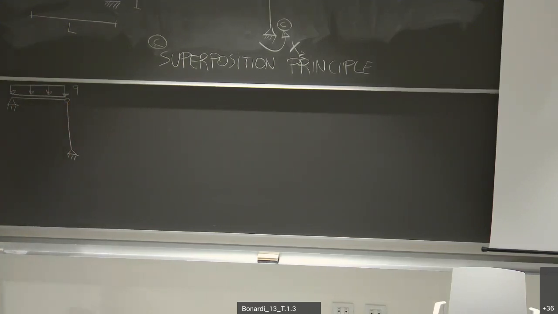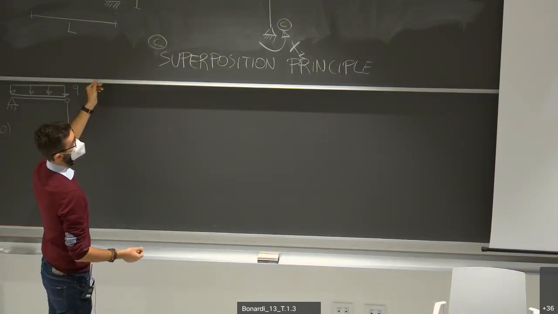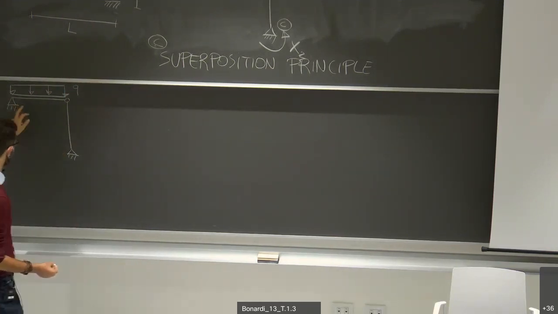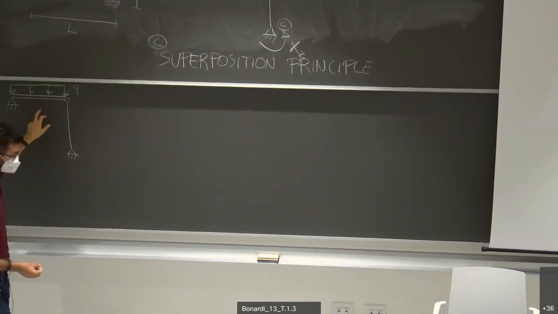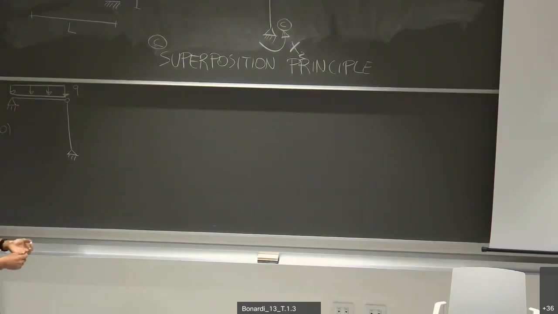So this is called structure 0. Now, you have seen that if we consider all this kind of action and structure, we can just use the flexibility coefficient.